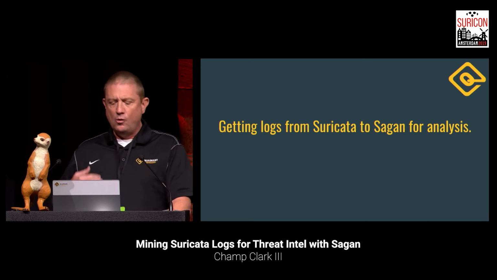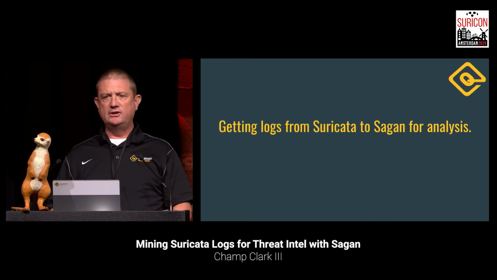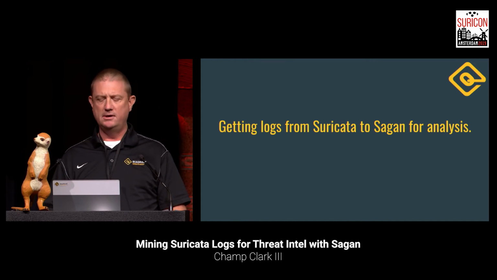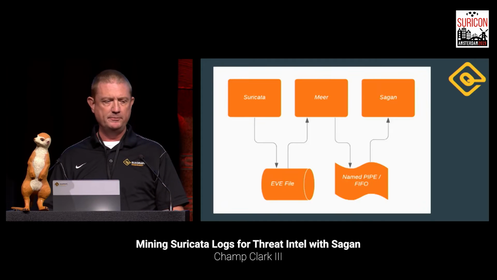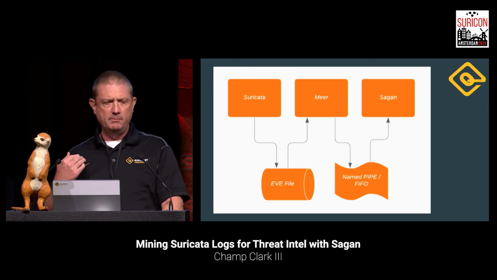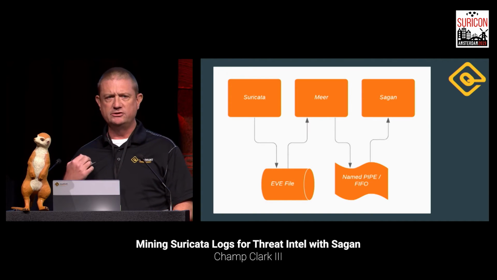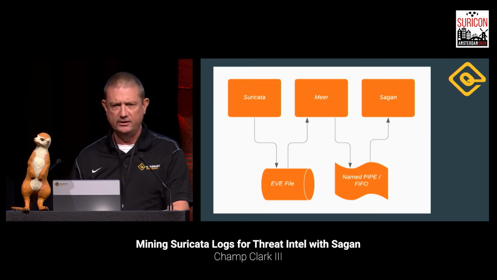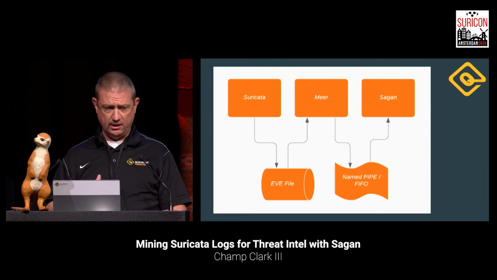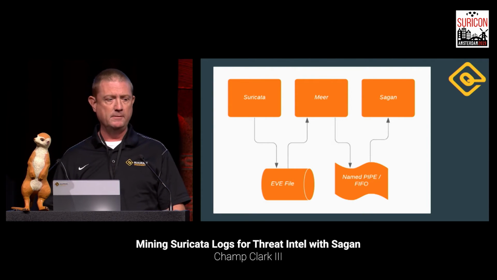So the first thing for us to identify was the ways to gather the data from Suricata, the E files. And there's actually a couple of ways to do that. One of them is a program I wrote called Mir that we originally wrote as a replacement for Barnyard 2, as Unified 2 was going away, and we were tired of Unified 2 and just wanted something better.